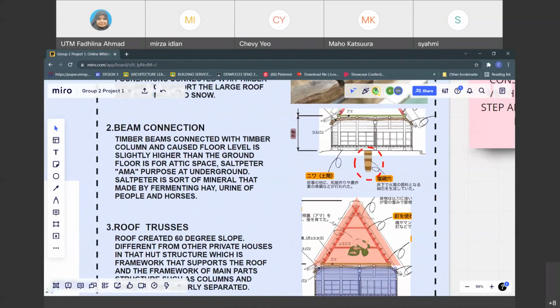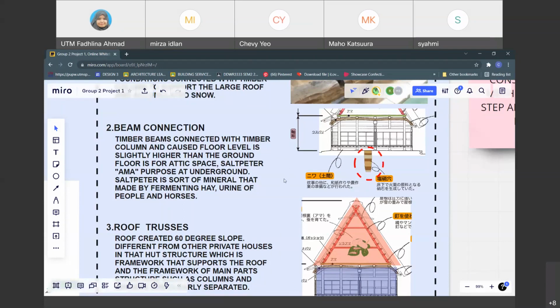Is it because of the strength, which helps the beam connection? If it is not related, perhaps you can put it somewhere else. I think it's suitable to put in the space planning, the space arrangement. Because suddenly it is there when you are talking about the construction.